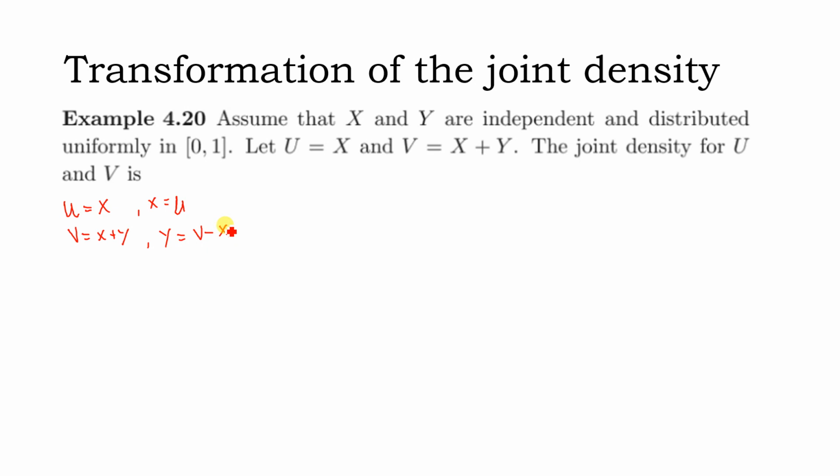Now, we can substitute our inverse transformation into the joint density for x and y, which is just the product of their marginal densities, since they are independent and uniformly distributed.